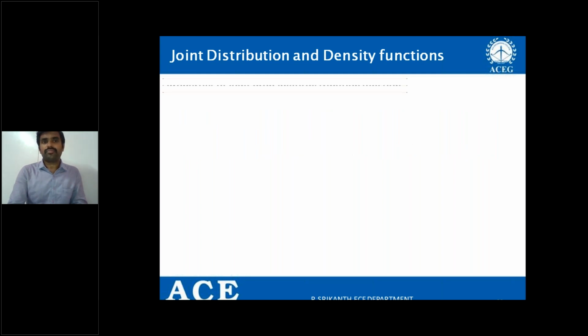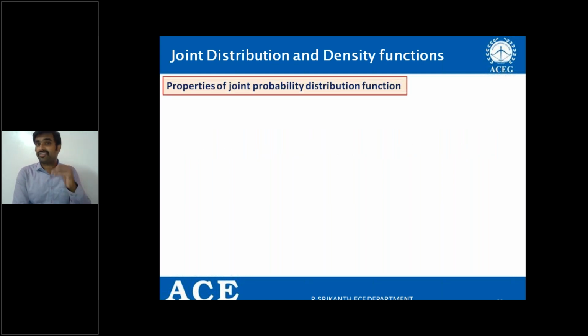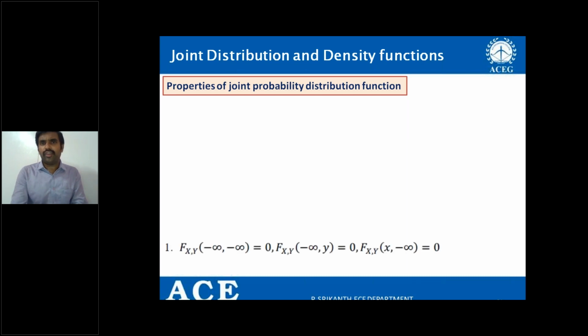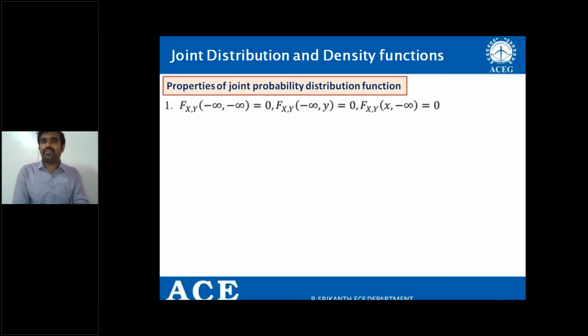Coming to the properties of the distribution function, the joint probability distribution function properties are almost similar to the cumulative distribution function of a single random variable. We all know that in the cumulative distribution function, the minimum value of the function is equal to 0 in the case of a single random variable.